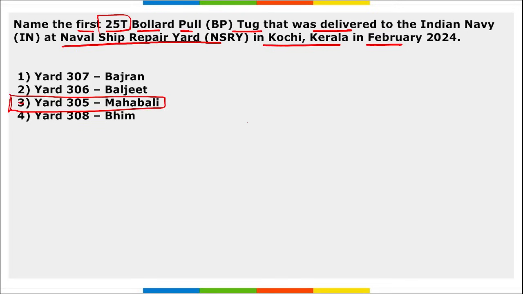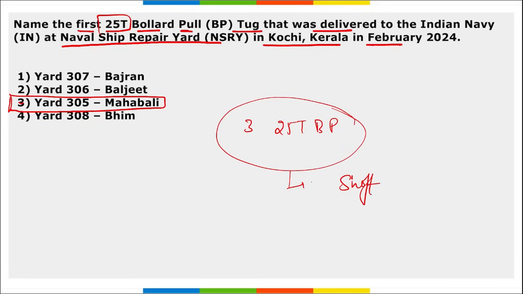Correct? And the contract for the construction and delivery of three 25T bollard pull tugs was with MS Shaft Shipyard Private Limited, that is in Thane, Maharashtra.